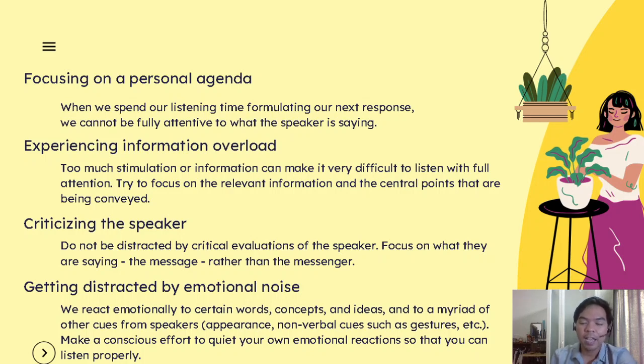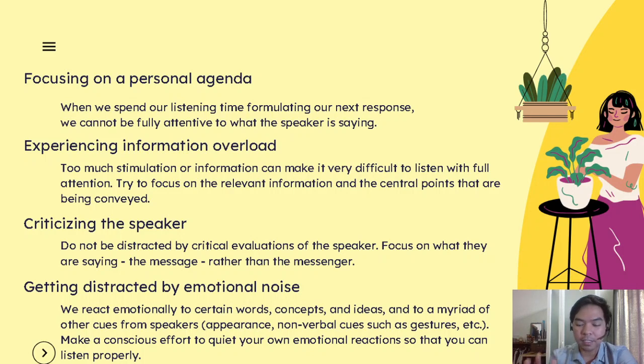I'm sometimes guilty of this, because when I talk to someone, after gathering a few pieces of information from that person, I already formulate a response to that initial information that I was given. Sometimes the information I gathered is incomplete, so my response would sometimes not be that accurate.